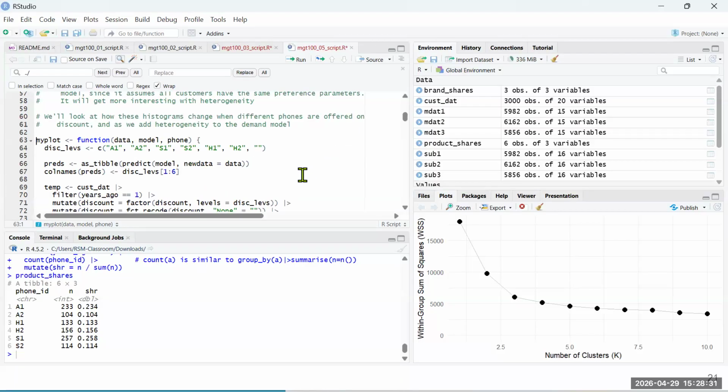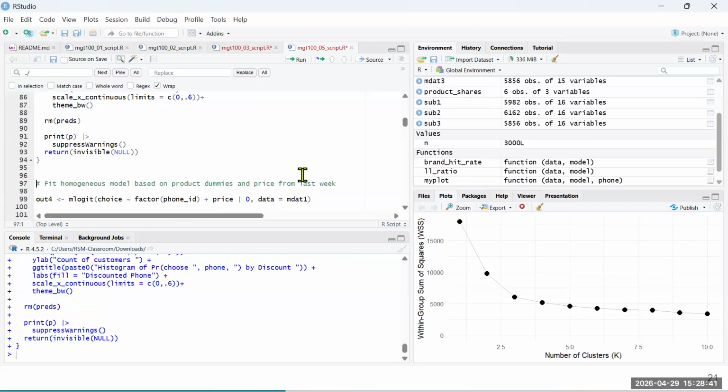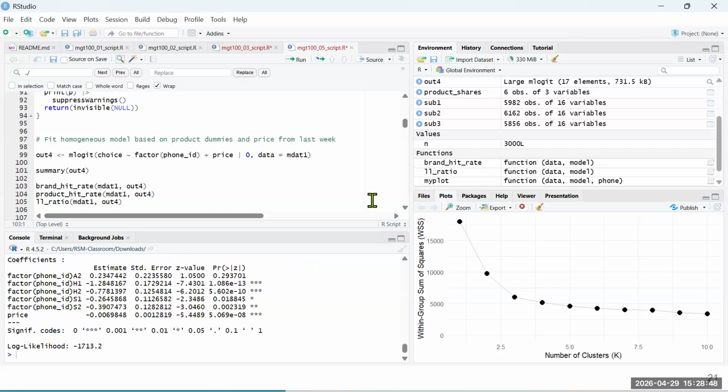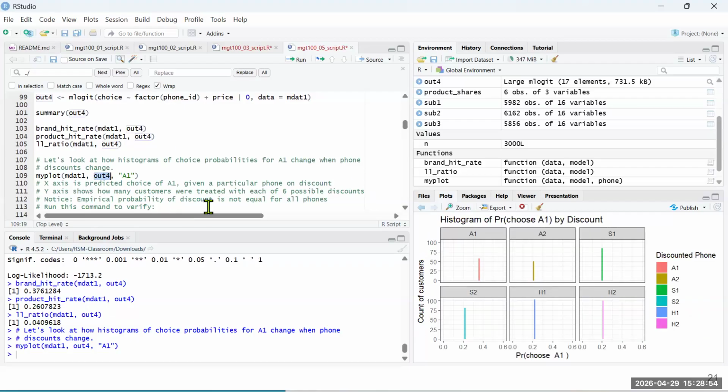So the first thing I'm going to do, starting on row 63, is create a function which is going to plot the distribution of predicted choice probabilities in the market. And then I'm going to re-estimate this homogeneous demand model that we saw 2 weeks ago, and use it in this new function.